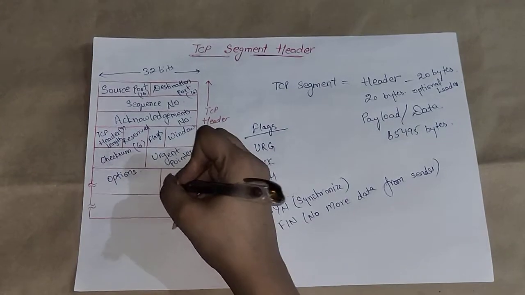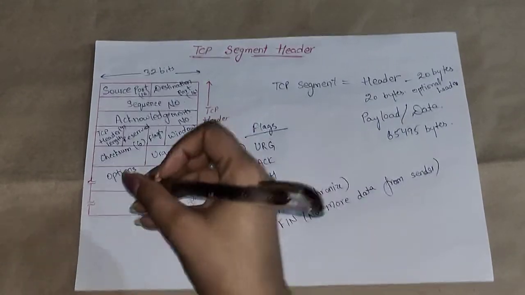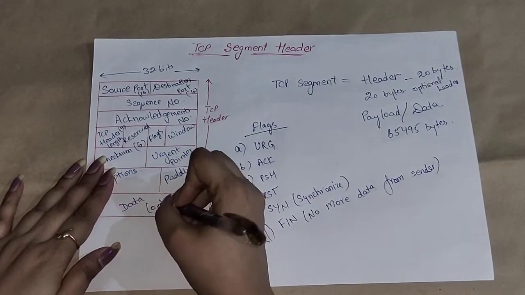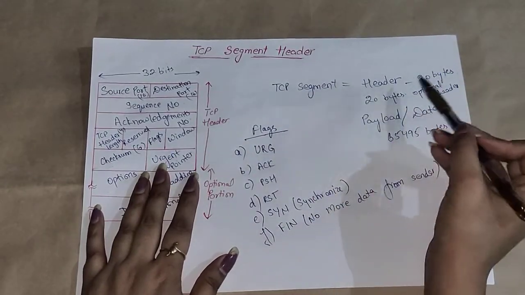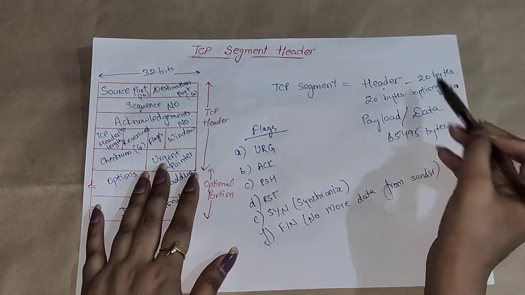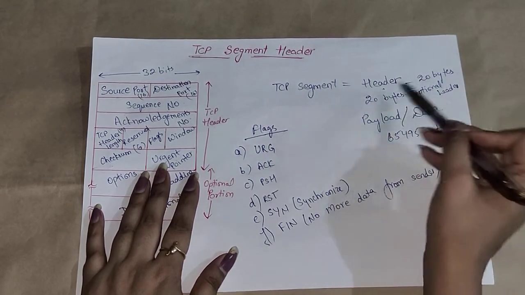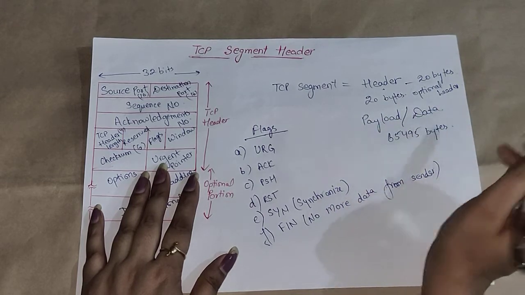And here we have padding, and last is data, and this data is optional. See, I said that TCP segment is equal to header plus data. Header is of 20 bytes, and it might be possible that there may be an optional header of 20 bytes, and data is of 65495 bytes.